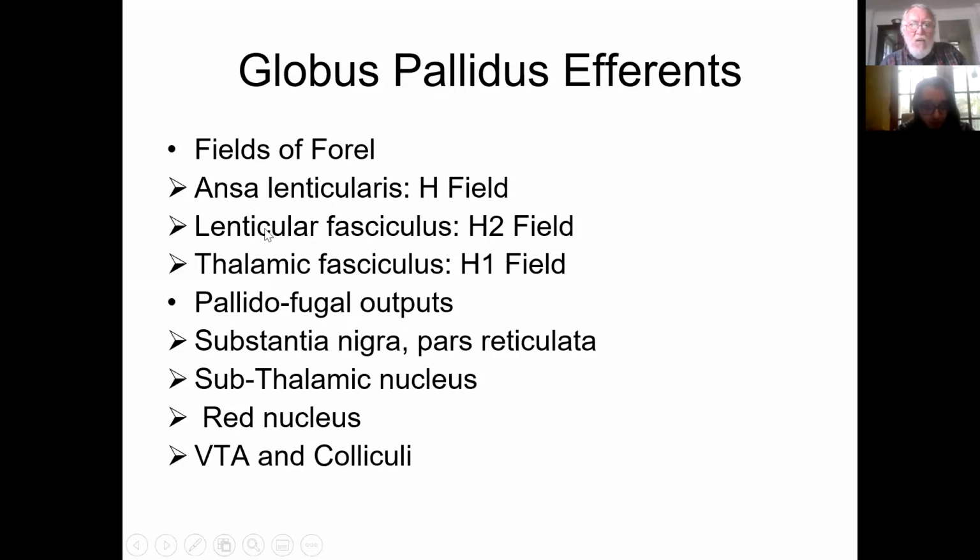Then the lenticular fasciculus, and then the thalamic fasciculus. So he identifies three different globus pallidus efferents, and he calls each one of these a different name. He gives the ansa lenticularis the H field of Forel, the thalamic fasciculus the H1 field of Forel, and the lenticular fasciculus the H2 field of Forel.